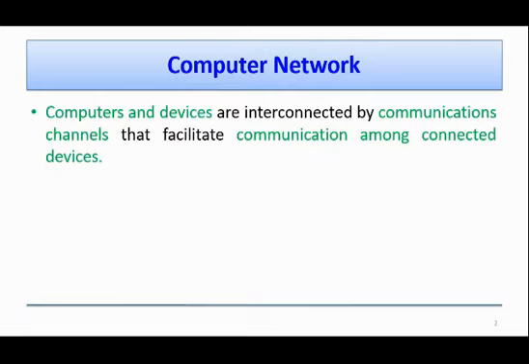Simply we can say computers and related devices are interconnected by communication channels so that they can communicate with each other. Why do we mention these devices? In a computer network, it may be a computer or any related device.